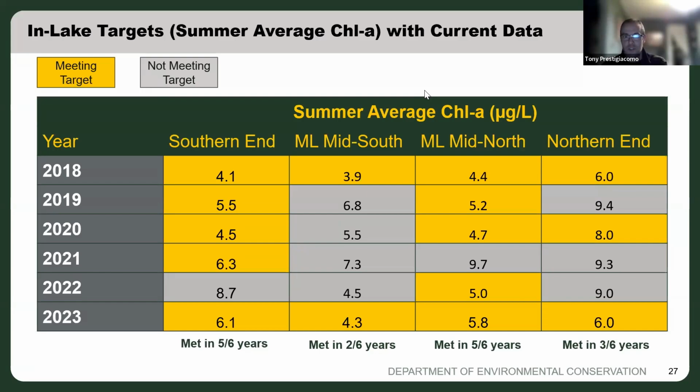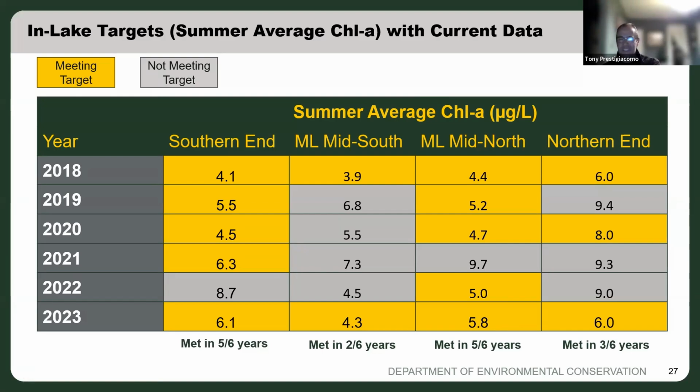We're still going to try to get those chlorophyll levels down to their thresholds year after year consistently, but there will be challenges. I mean, look at this Main Lake Mid-North segment, pretty good compliance for all years except for this really, really high year in 2021. We do have a lot of good flow records from at least the southern end of Cayuga, and weather station data.